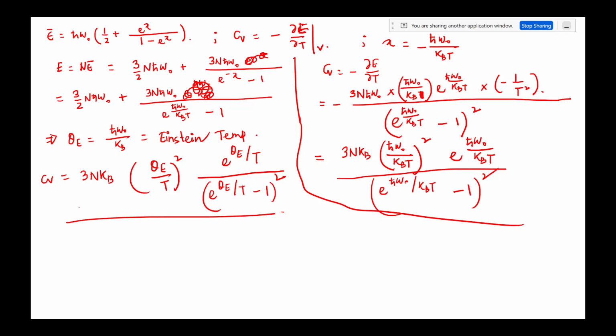So at high temperature, T will be much greater than theta E. So theta E by T, this ratio will be much less than 1.